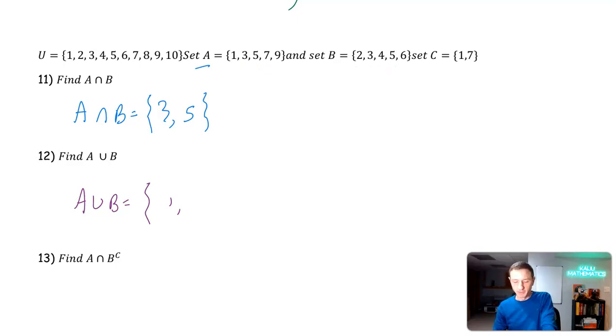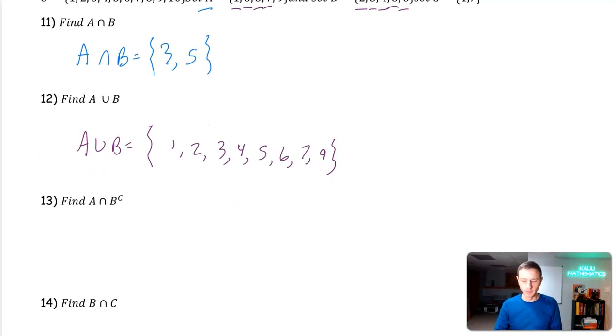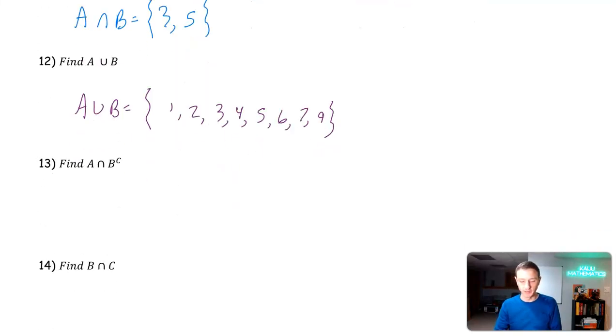So we're doing A union B. A has 1, B has 2, A has 3, and they both have 3. B has 4, A has 5, they both have 5. B has 6, A has 7, A has 9, and then B is out. So we're done. So that's A union B, putting both sets completely together.